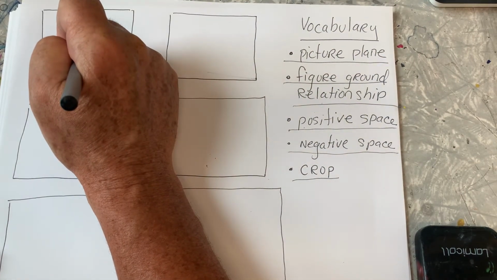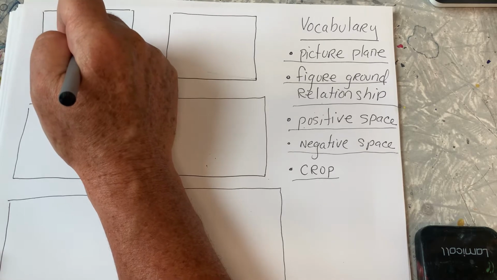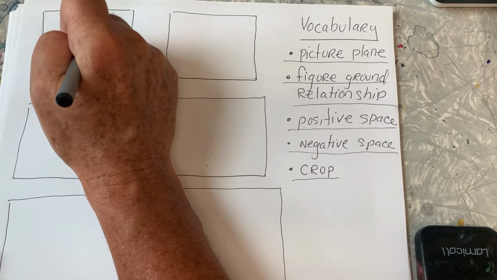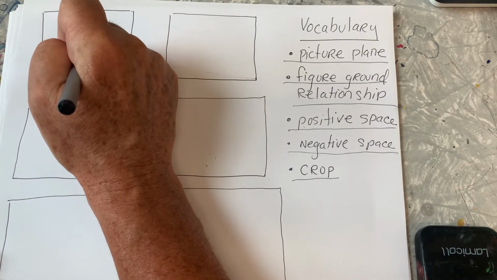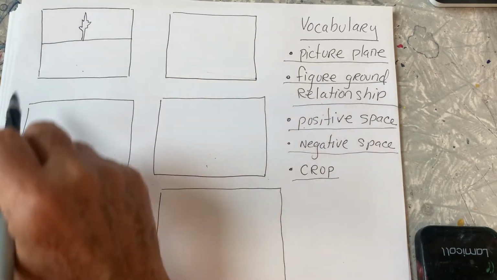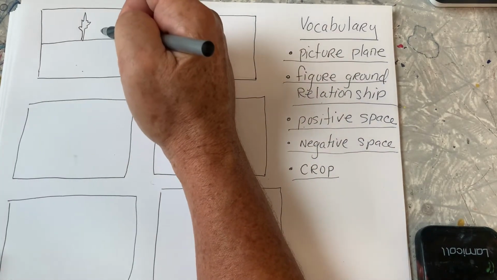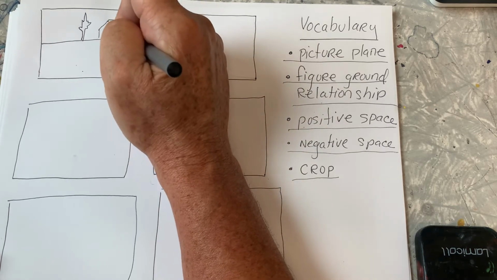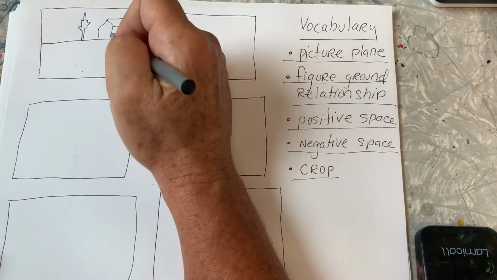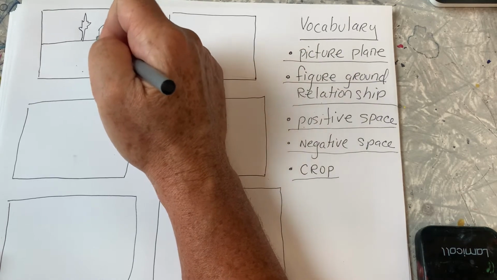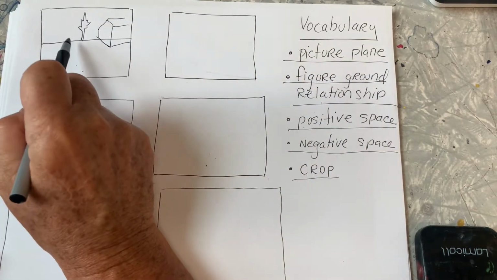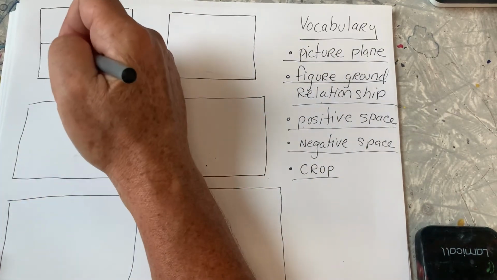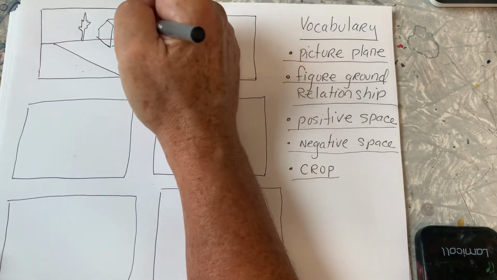There's a tree out here in the distance. Maybe there's also a house. And maybe there's a road.